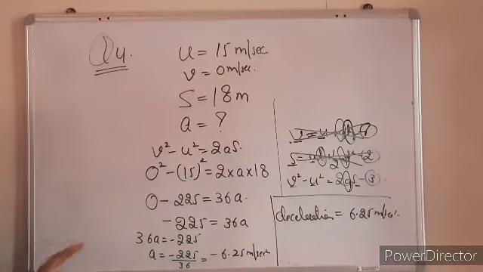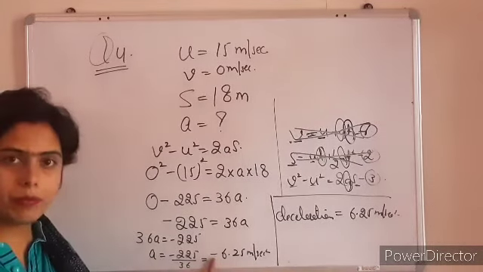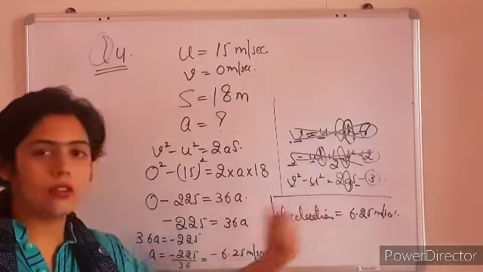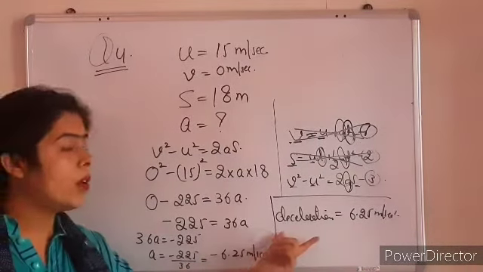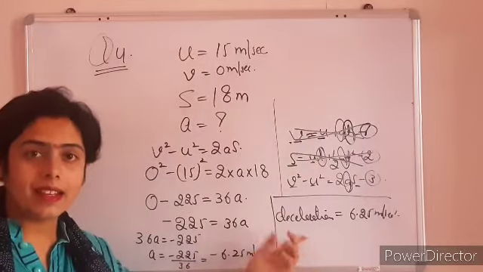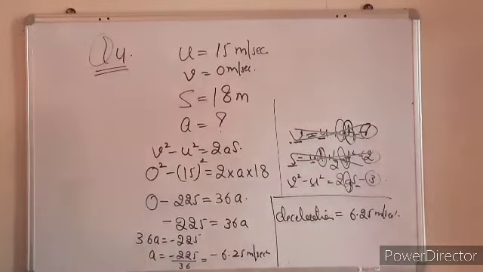Now children, one thing to make clear over here, this sign, minus. I have not written it over here. The reason behind it is deceleration already says that it is negative. Fine. Deceleration means it is decreasing.